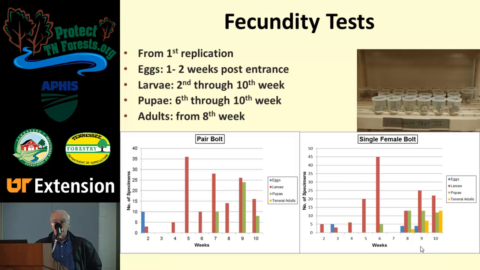And after the 8th week, teneral adults occur in the tunnels. Also, the adult female was actually found 10 weeks post entrance in her tunnel. So she's pretty long-lived. We just don't know how long as of yet. So it should be interesting to finally put a longevity period on her.